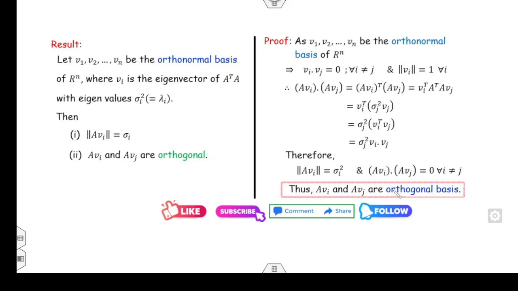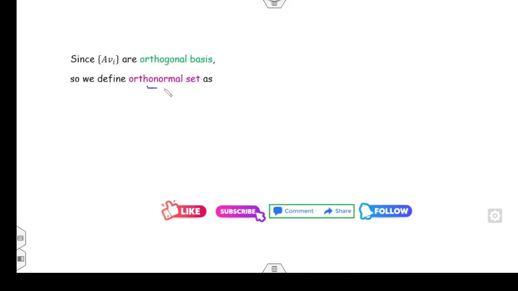Now, we have known once we have the orthogonal basis, we can extend them to the orthonormal basis. How? Remember students, if you have u1, u2, un, these are my orthogonal basis.